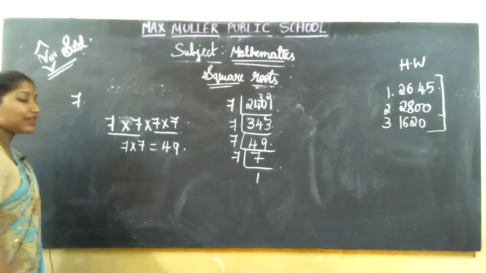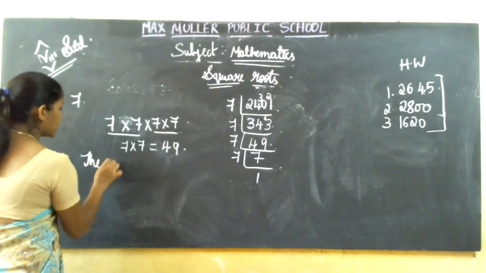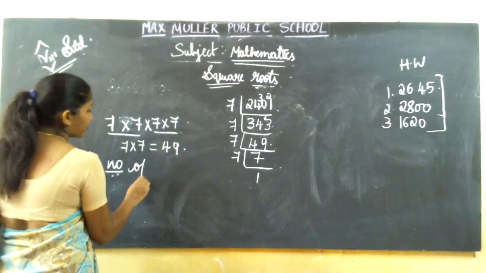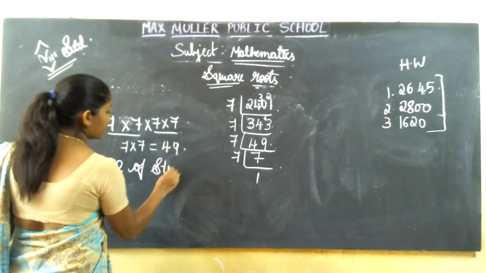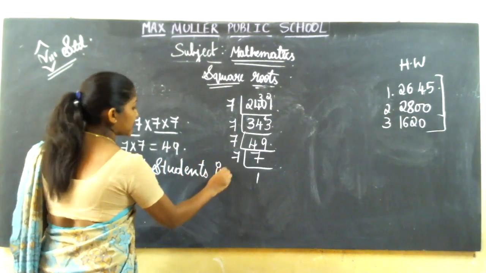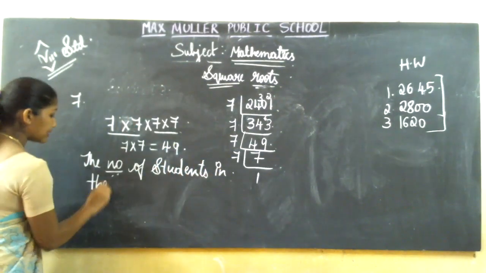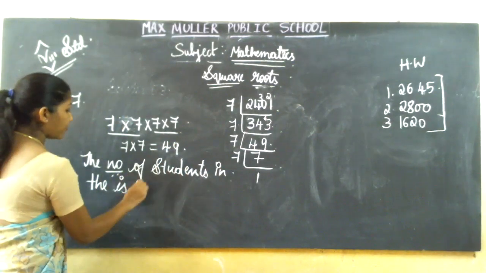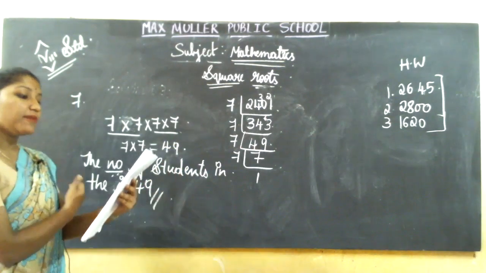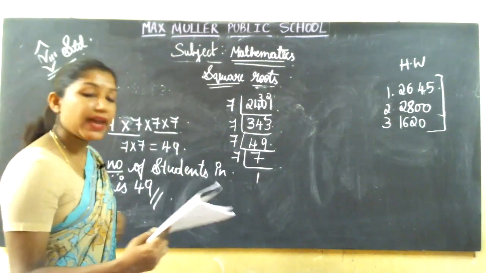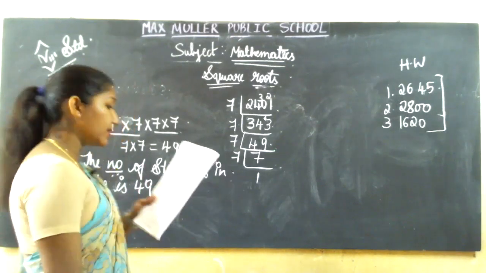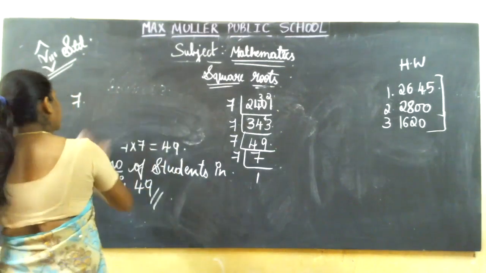So you can easily write that the total number of students in the class is 49. You have found how many students are there in the class. Okay, like this you have to find it by the prime factorization method. Now coming to the 8th problem.